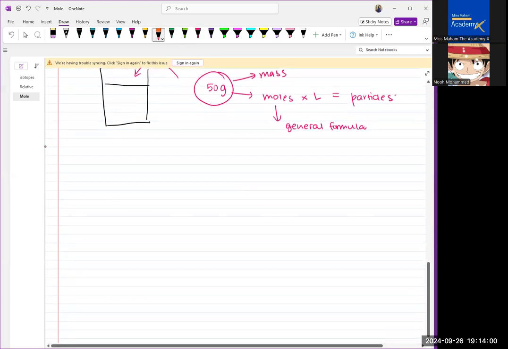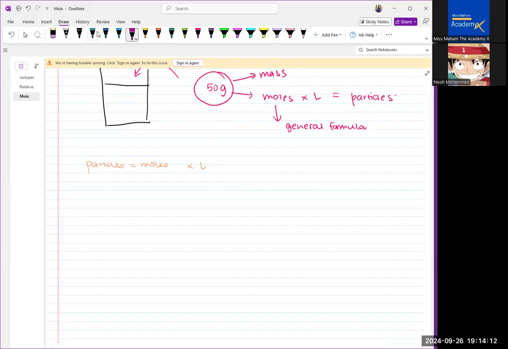Now your formula is obviously particles equals moles into L. Now let's do a worked example for this.